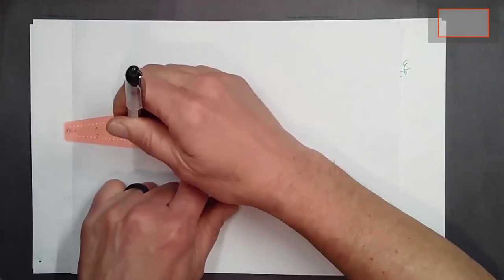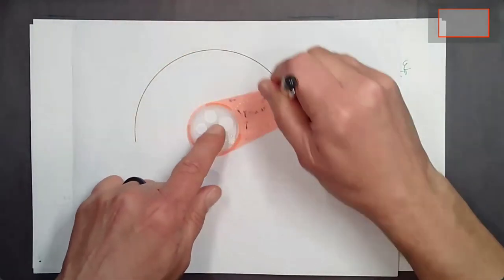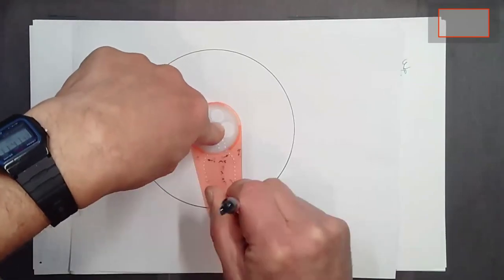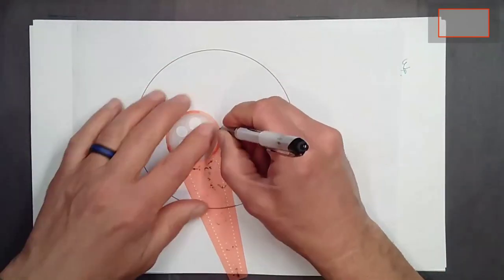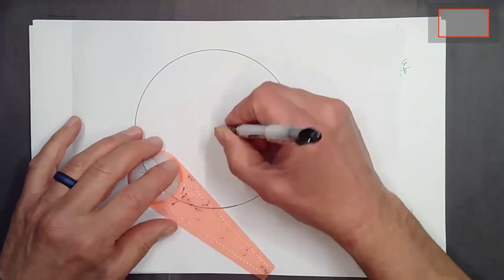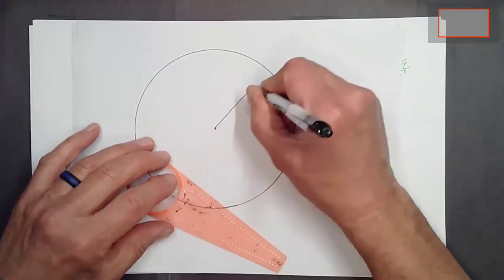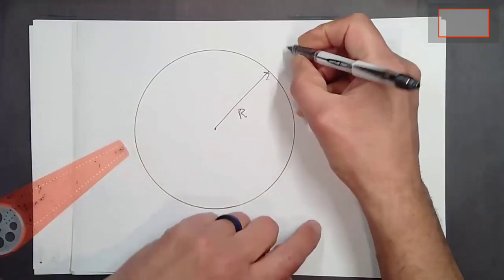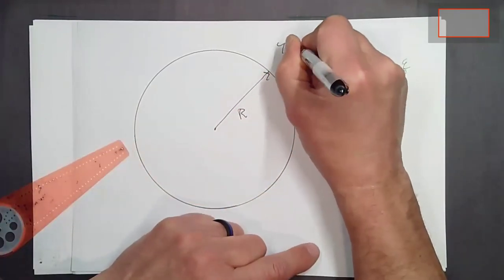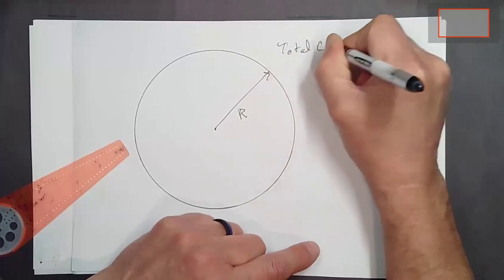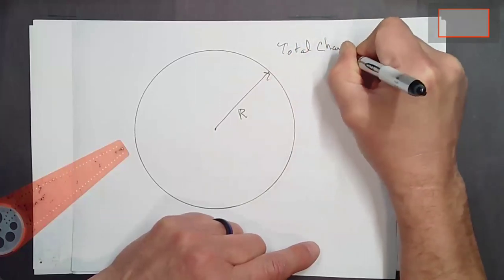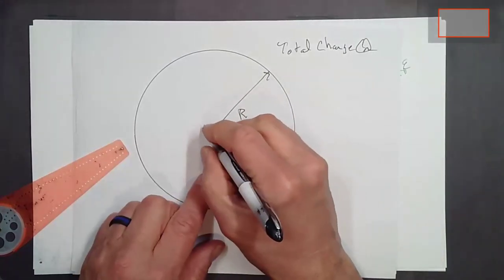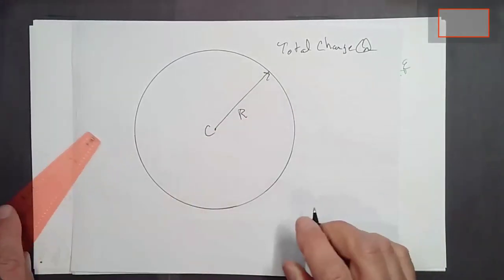And so there's our ring of radius capital R and total charge Q. And we want to know the potential right here at the center of it.